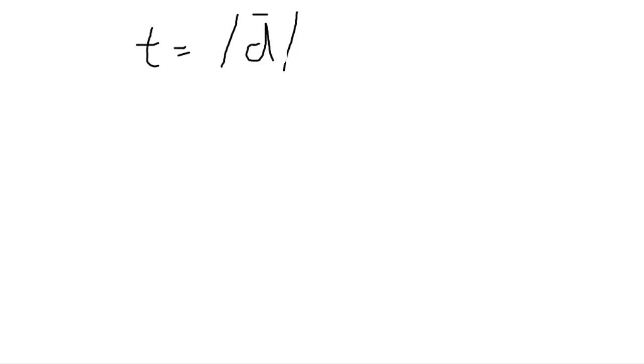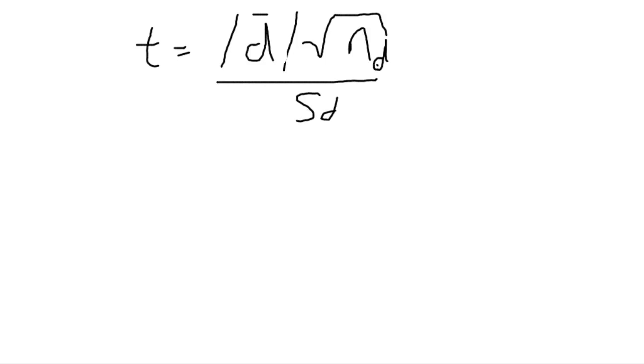Then multiply that by the square root of the number of differences and divide by the standard deviation of the differences. When we do that, we get an experimental value of 0.245.